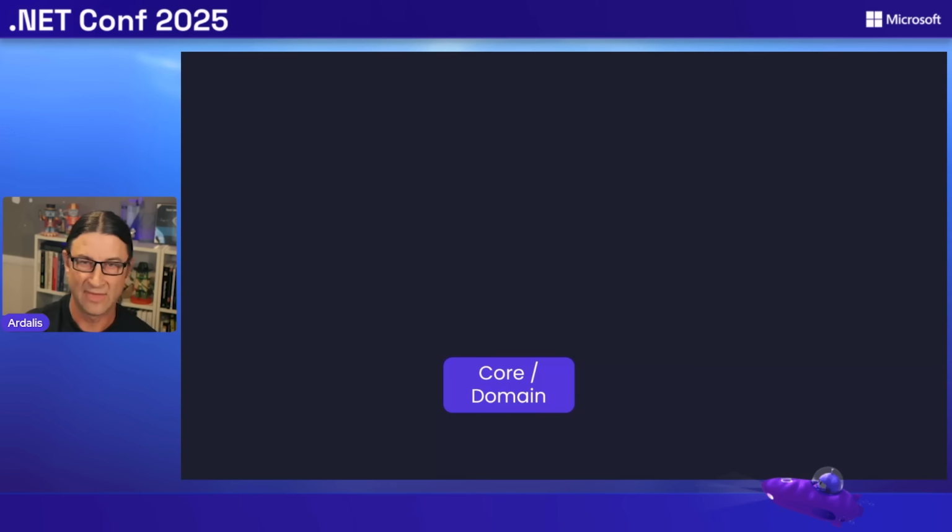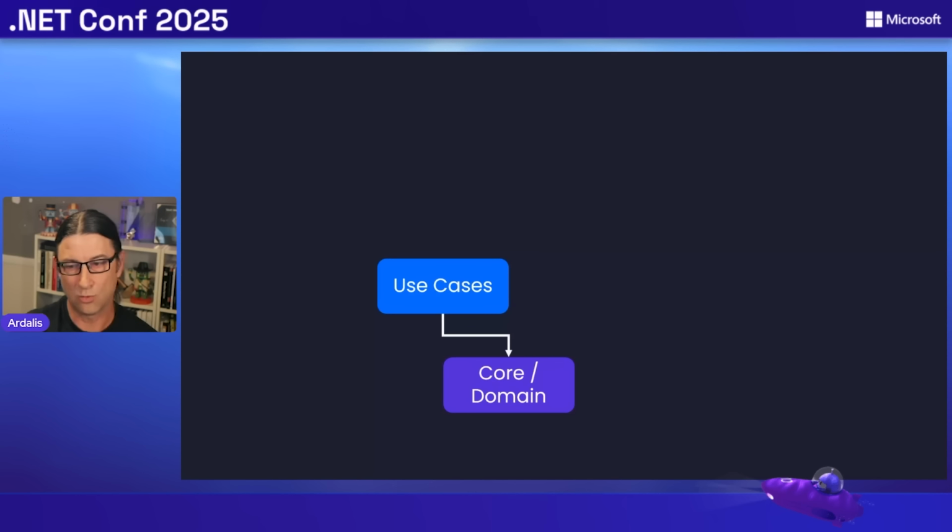getting in the way. Now, on top of that, we're going to add our application layer, which is usually called use cases in this case. And that's because we can implement that using commands and queries and follow command query responsibility segregation, CQRS. And it's going to work with the domain on individual use cases like add an item to the cart or checkout or things like that.